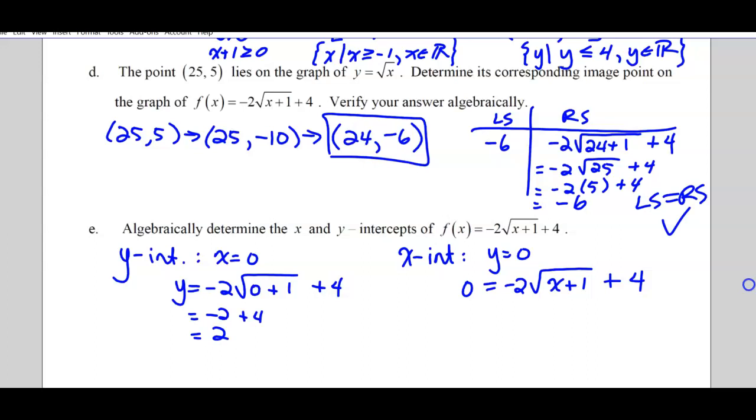Here, to algebraically find the x-intercepts, we have to solve that radical equation.